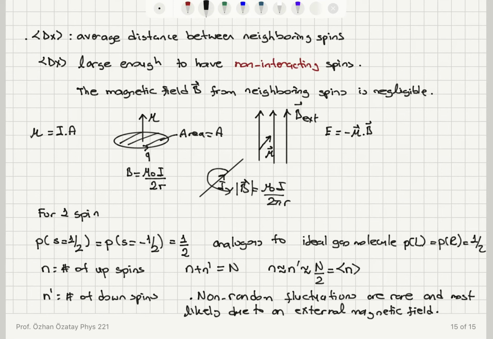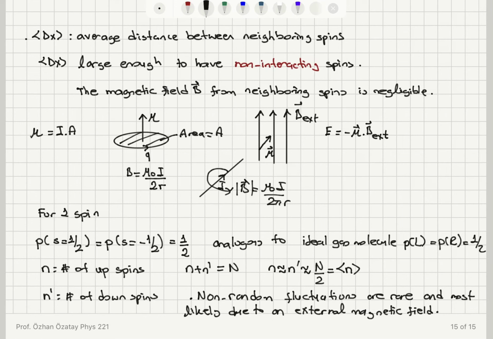If you place a magnetic moment inside a magnetic field, its potential energy is minus mu dot B, which means that a magnetic moment will interact with an external magnetic field and will try to align itself with the external magnetic field.